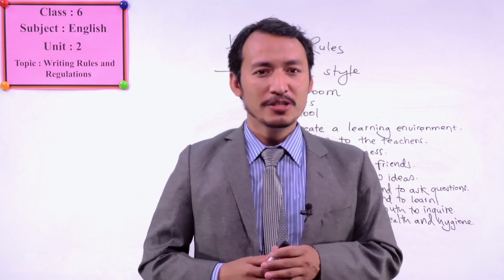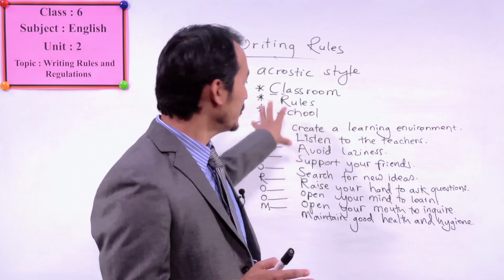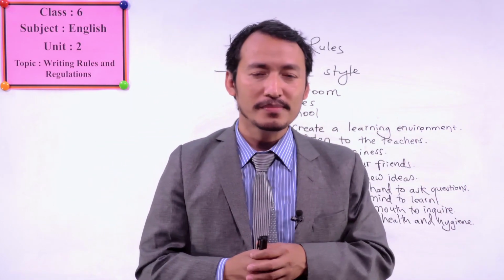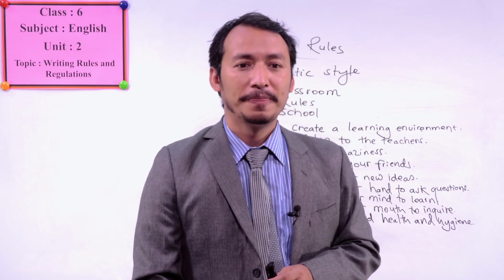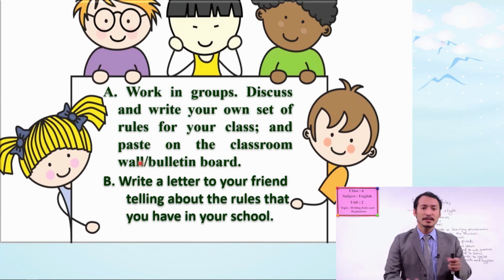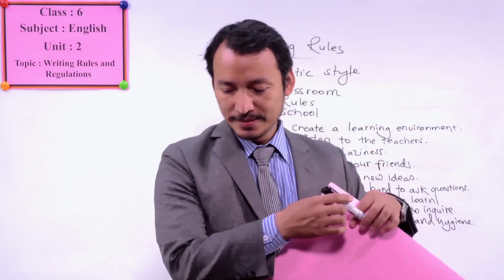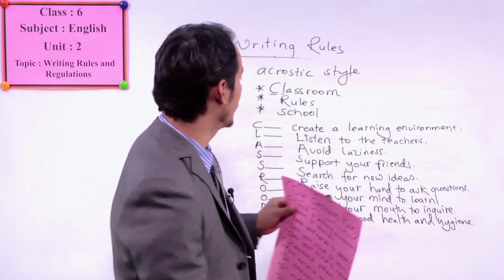Okay, students? So what is our task? You have to now write in this acrostic style to get the ideas, and then you are asked to paste them on the classroom wall or bulletin. So I'm going to show you a chart for the rules.